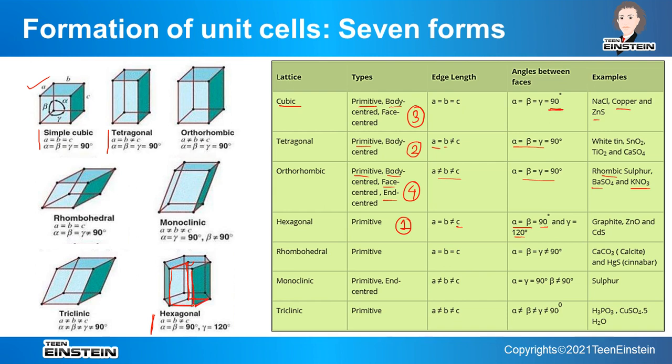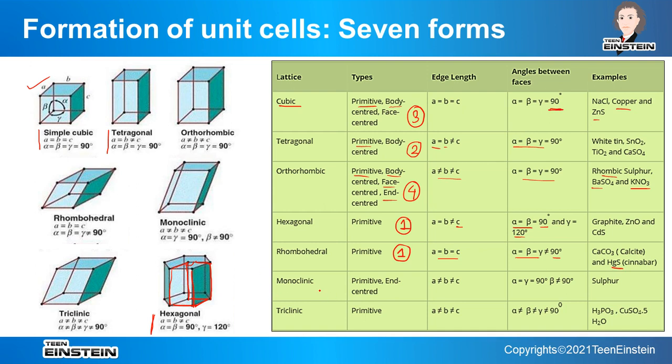Just focus on this part. Fine. Next is rhombohedral. So rhombohedral, under this we have only one type. Here all the edges are same, all the angles are same, but they are not equal to 90 degree. Whatever is the value, it is same, but it is not 90 degree. Example, calcium carbonate, HgS.